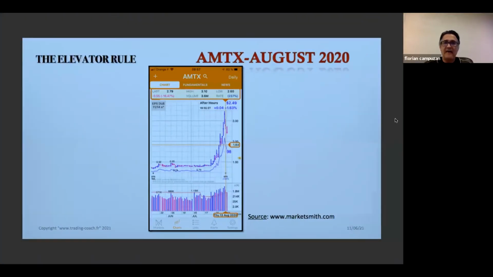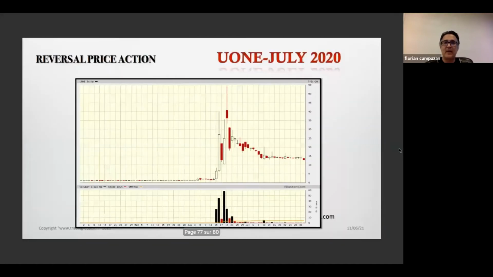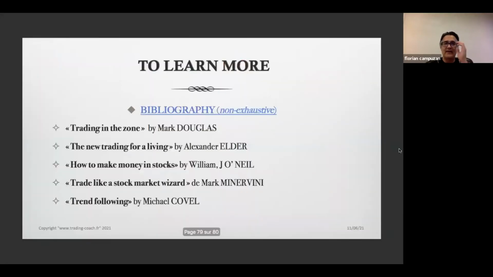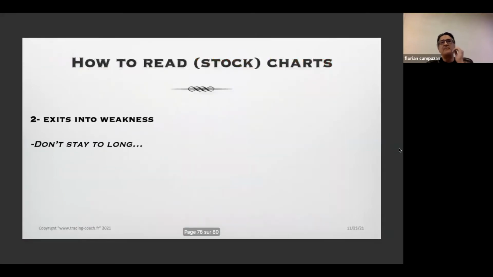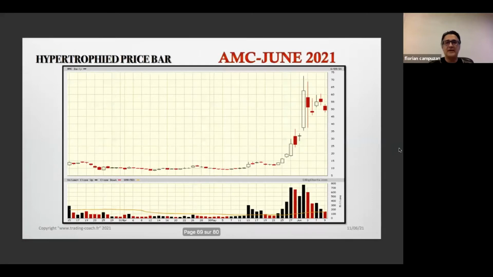So I didn't want this classroom to be too academic. What I said to you is that you can have many different systems, but charts are just a tool that must be embedded in a whole trading system.